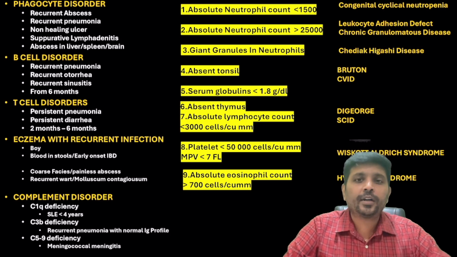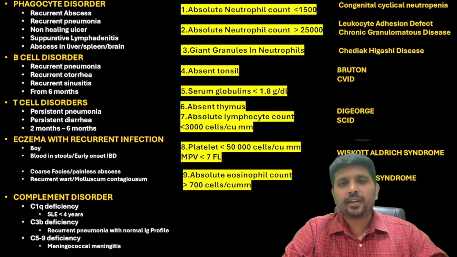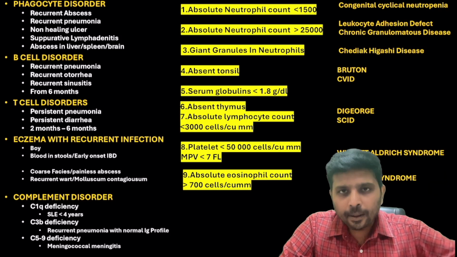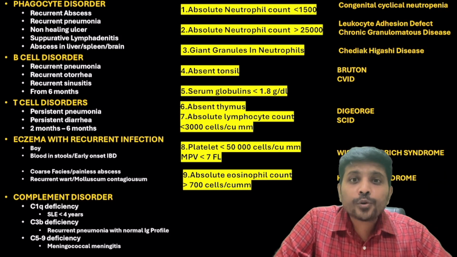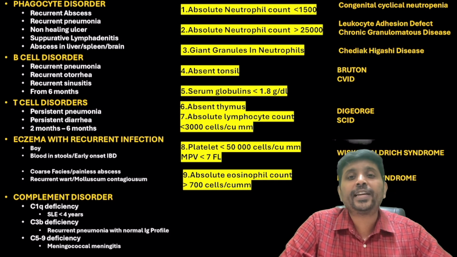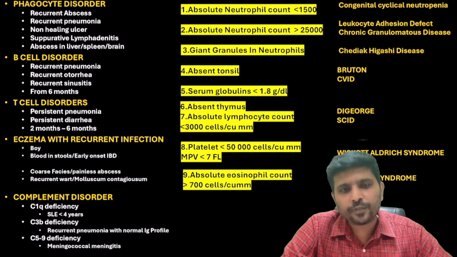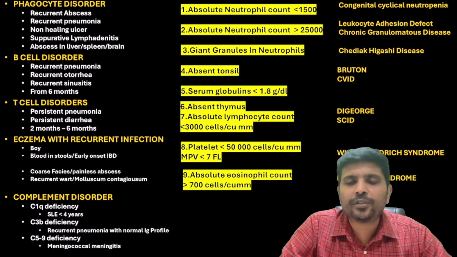And you must be wondering, for this SLE-like illness, for this recurrent pneumonia due to C3b, meningococcal meningitis, what should I do? Complement CH50 assay, or do I need any genetic workup? The answer is very simple. No need to worry about these things.